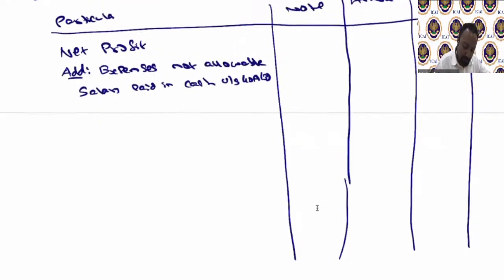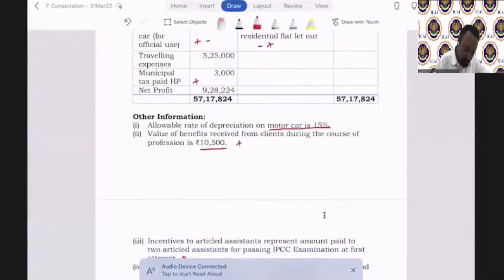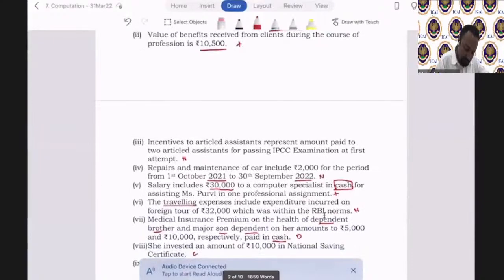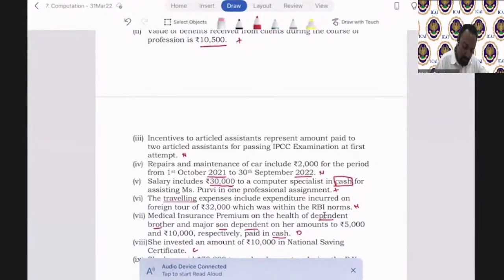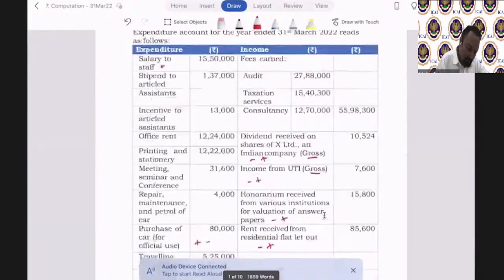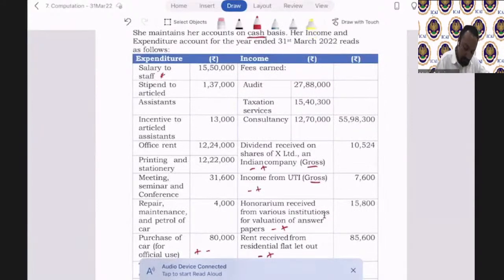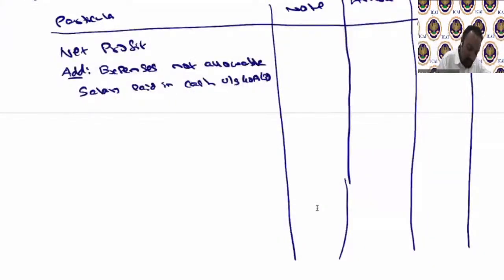So write the amount. She said 30,000. So now you take 30,000. Put it in the inner column so that you can add step 1.